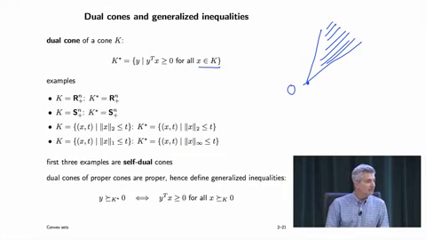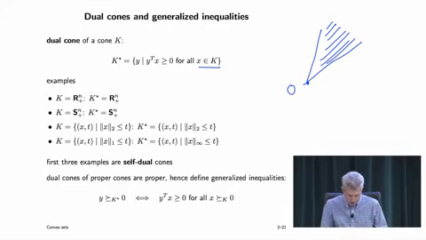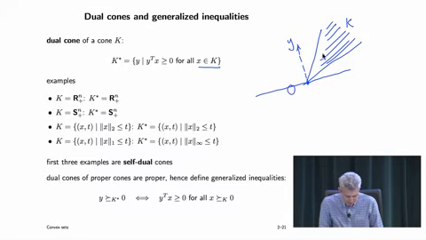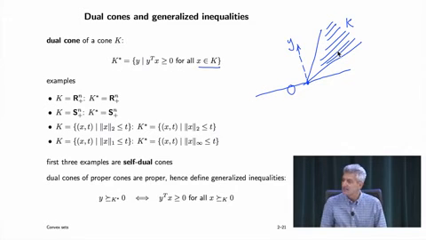And to evaluate if a point is in the dual cone, let's just check. If I ask, is this point y in the dual cone of K, what we do is we look at the following half space. That's the set of points that make a non-negative inner product with y, right? And you can see that, in fact, every element of K is in it.